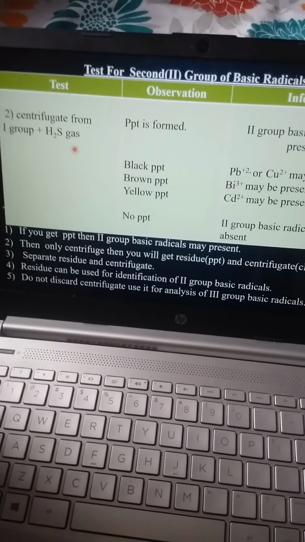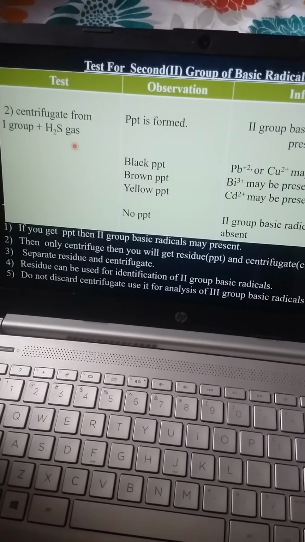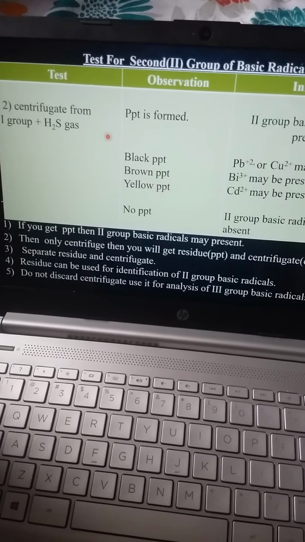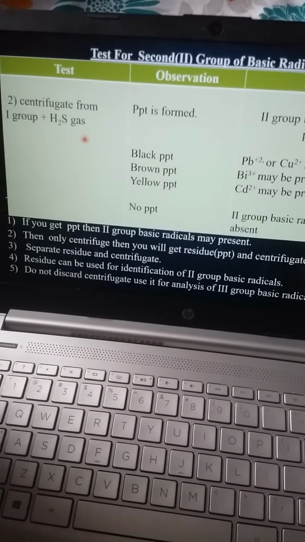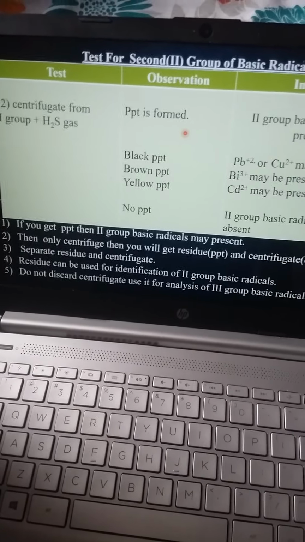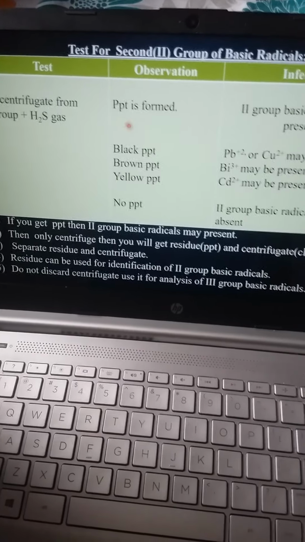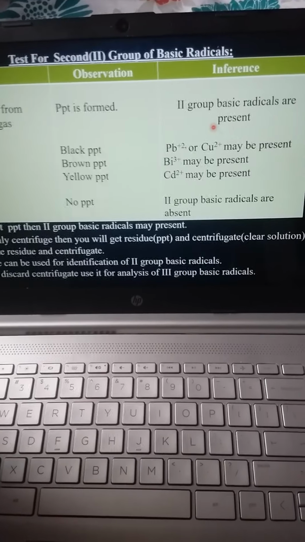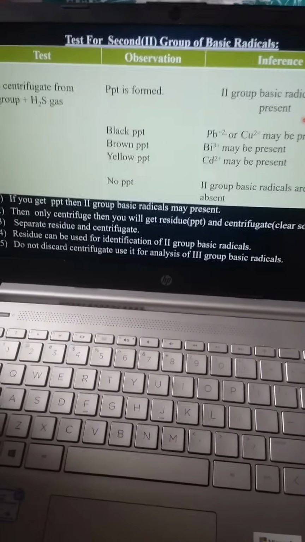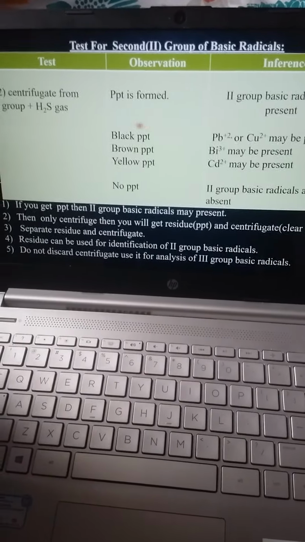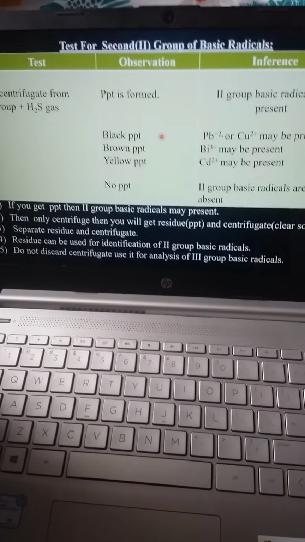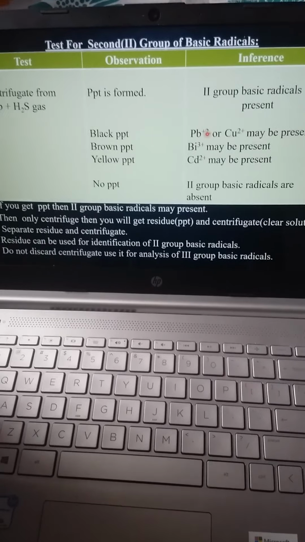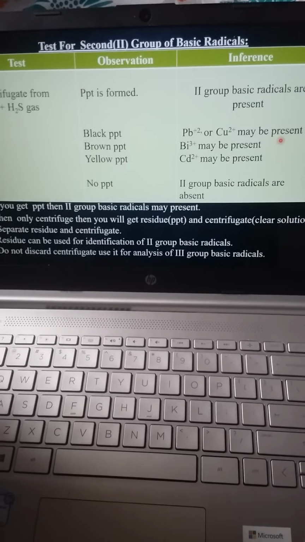For the second group, in a test tube take the centrifugate from the first group and pass hydrogen sulfide gas. Then observe whether any precipitate is formed. It clearly tells us that second group basic radicals are present. If the precipitate is black, note in the inference that lead or cupric ion may be present.